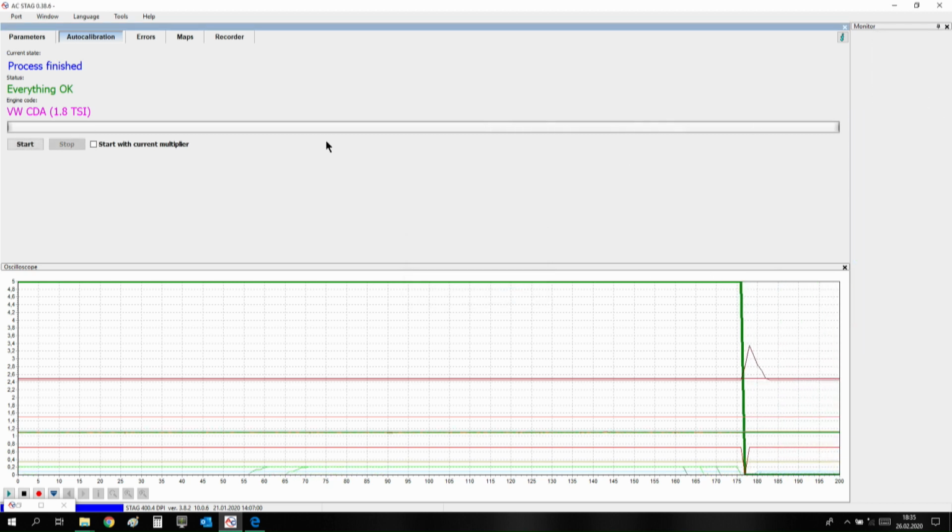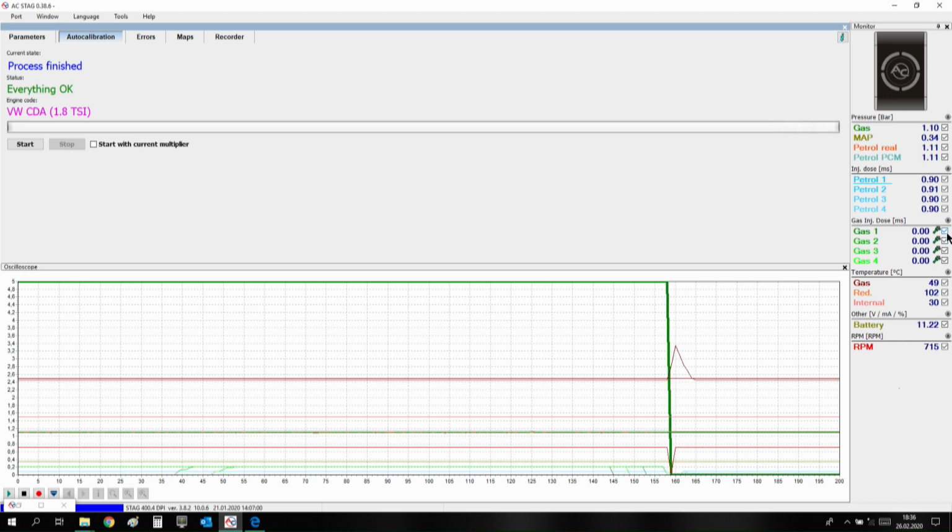Sometimes if we mix the wires, the gas flow shows that the opening time is very short. Sometimes it's 1 millisecond. It means that if we are using injectors where the minimum opening time is 1.4 or 2 milliseconds, and here you see 1 millisecond, and the engine is running, it means that we mixed something in the connections.